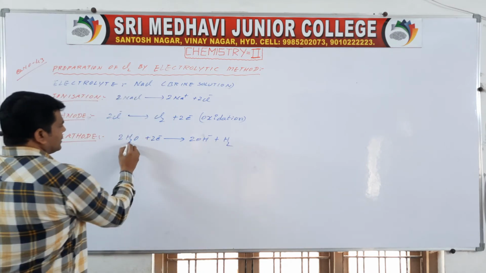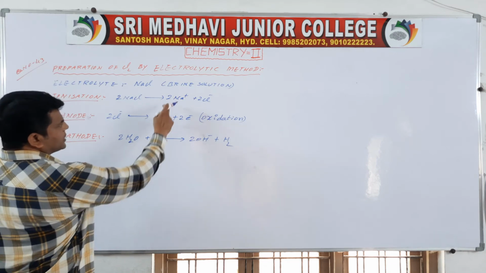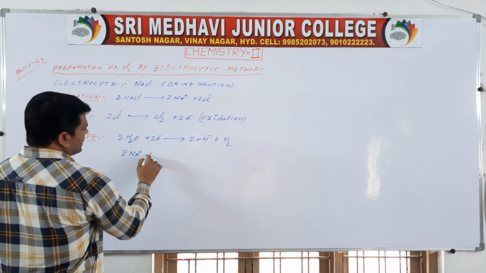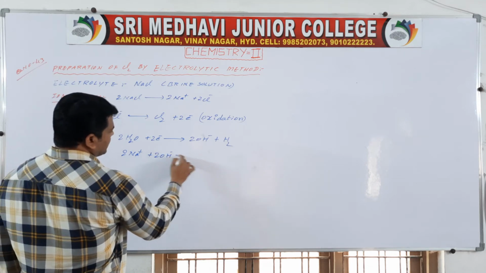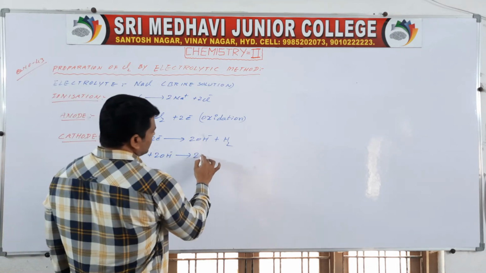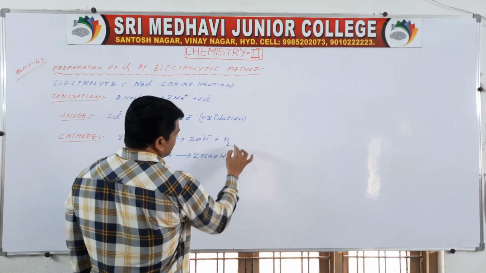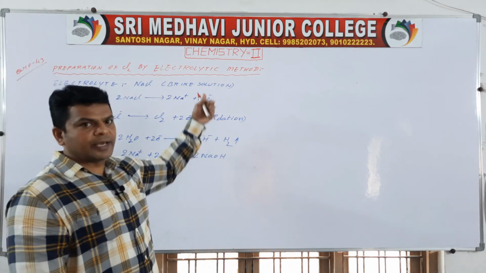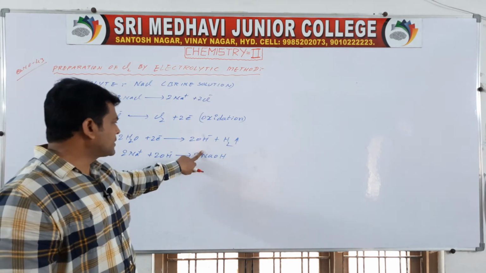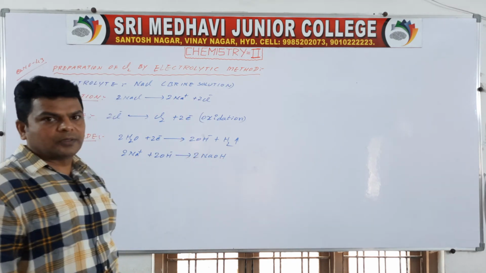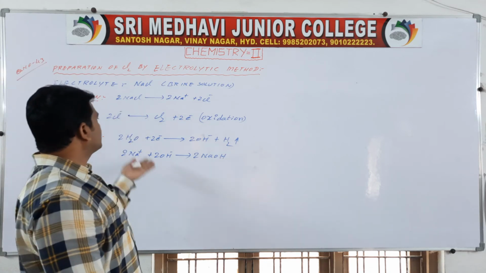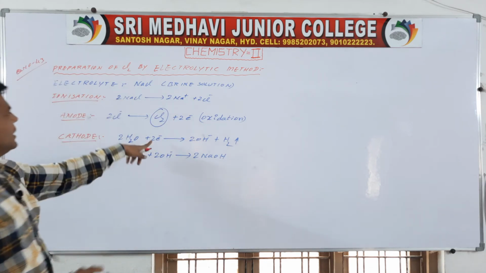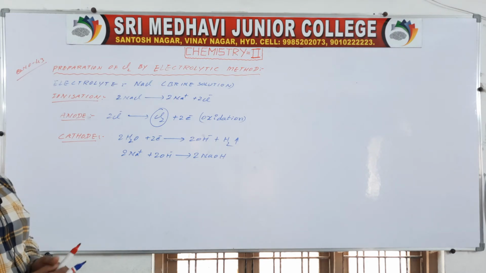Then the 2Na plus and 2OH minus react, and 2 sodium hydroxide is formed. So at the cathode H2 gas is evolved and sodium hydroxide is formed. Okay, so this is the preparation of chlorine by the electrolytic method.